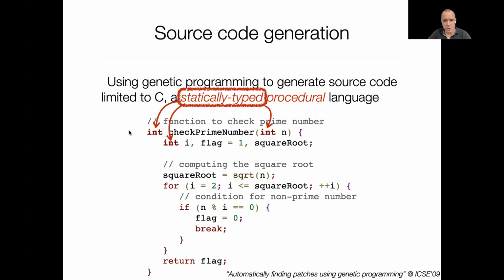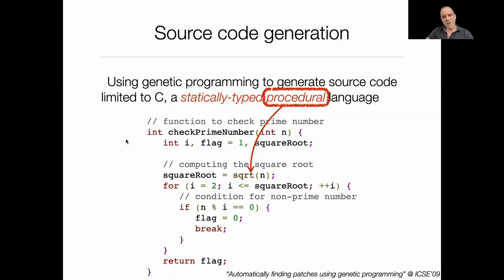It means that during the execution, we know the range of values that can be accepted by those variables. Furthermore, each function knows what its input types are and what its output is. So we know that, for example, the check prime number function returns an int. And furthermore, C is a procedural language, which means that whenever I refer to a function, I know exactly, statically, which function will be executed.